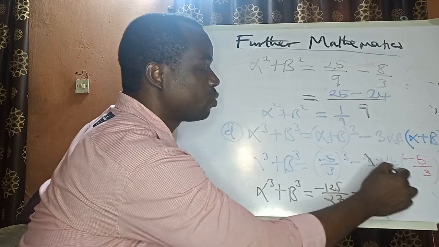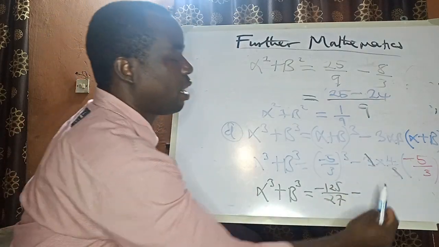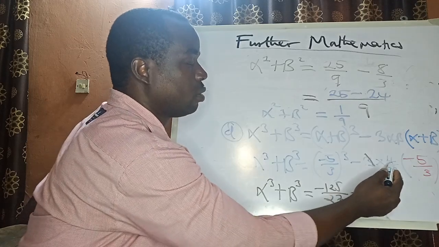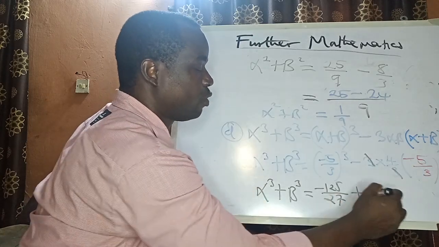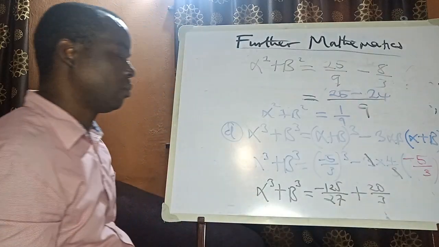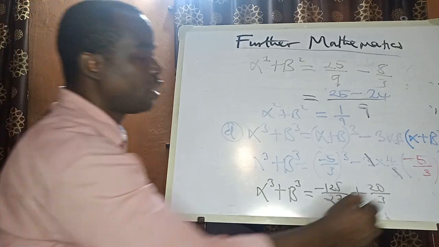Then here, this 3 can cancel this 3. So we have minus times minus to give us plus. Then 4 times 5 is 20 over 3.